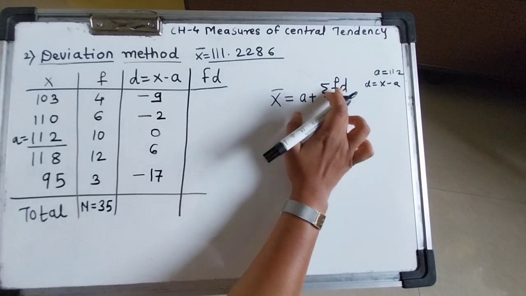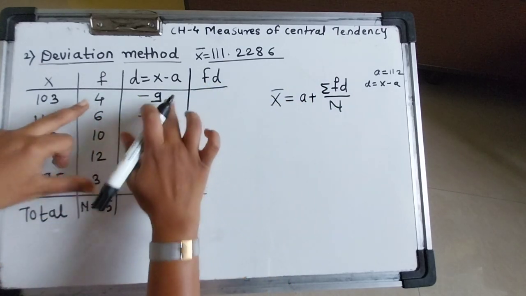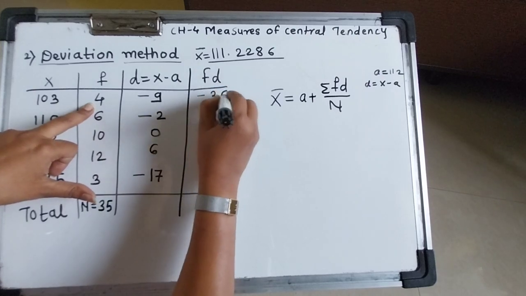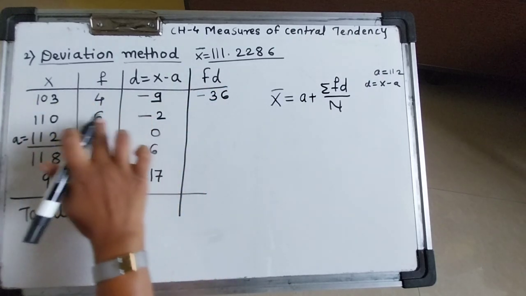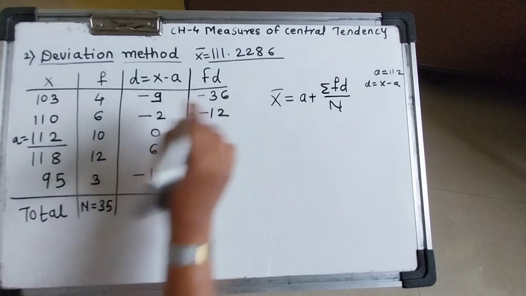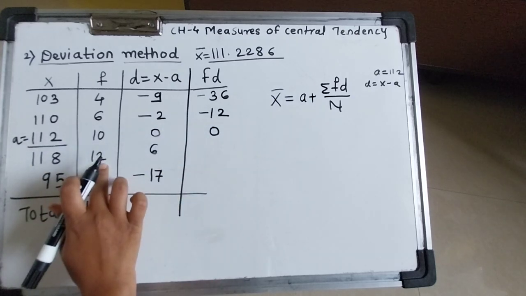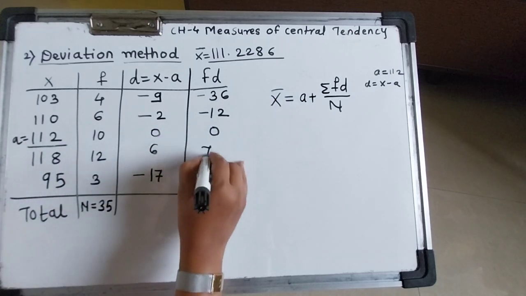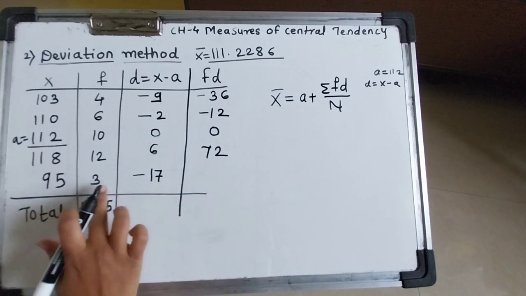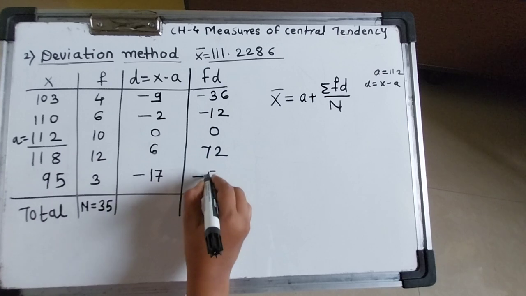Now find FD. How to find FD? Product of these two. Minus 9 into 4 is minus 36. 6 into minus 2 is minus 12. 10 into 0 is 0. 12 into 6 is 72. Minus 17 into 3 is minus 51.